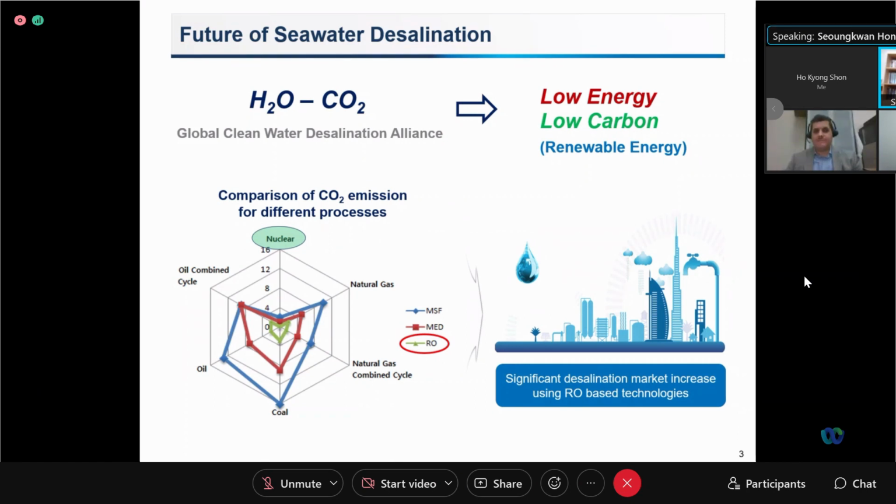Thus, RO has become the choice of desalination technology adopted in the current desalination market. However, SWRO plants still emit a tremendous amount of CO2 to the atmosphere, demanding more technical advancement to further improve energy efficiency.